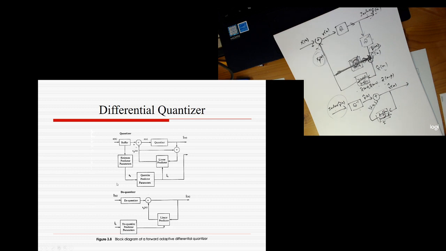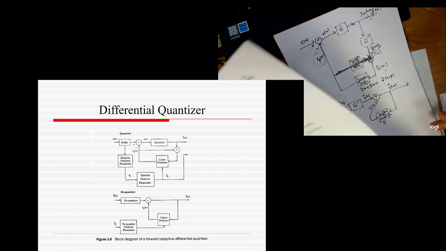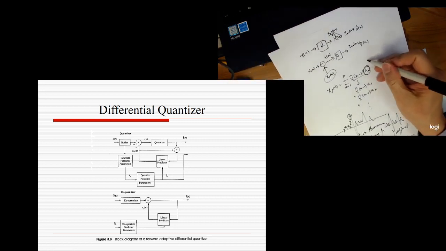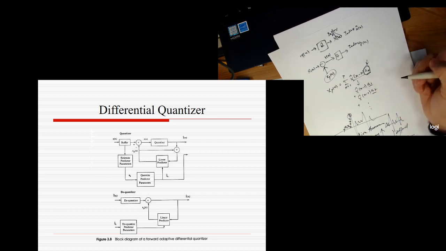We are trying to do the prediction, the parameter, to get A of k. Because this one is forward adaptive, we have to quantize them, because A half of k goes through the channel as an index. It tells the decoder how to get the coefficient. During the encoder, based on the original data, they try to estimate the best one.